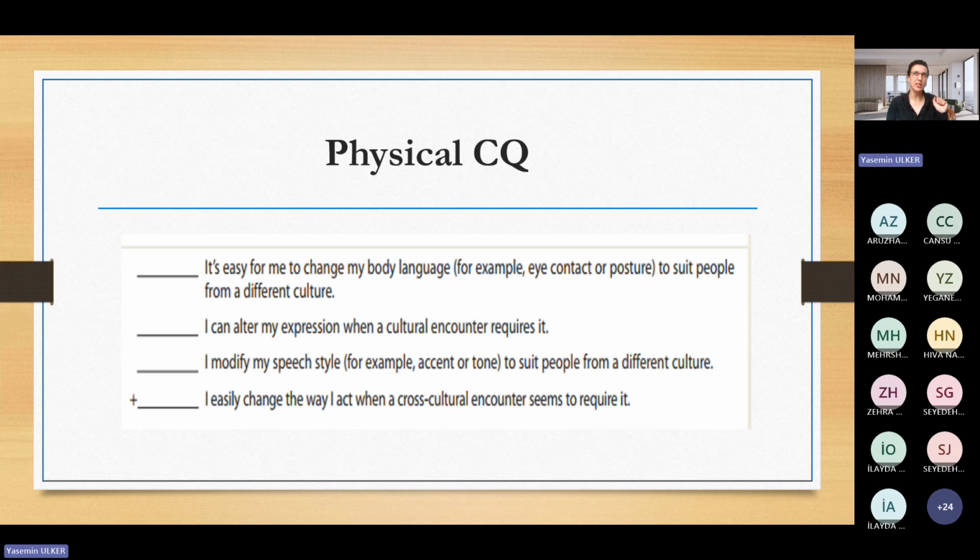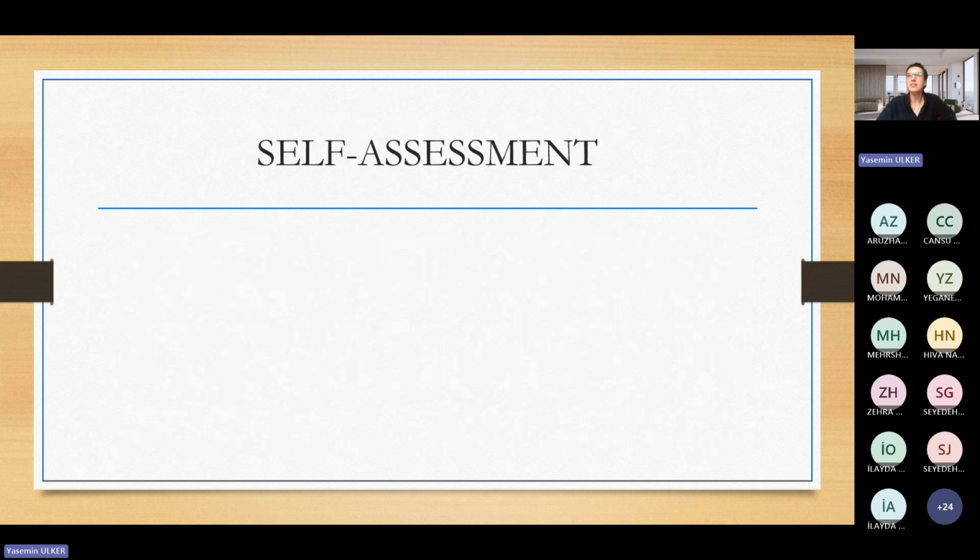Another one I was thinking to ask, question: do you remember this question from last week? Why do you think cultural CQ, including body language of course, really matters for doing business, for our working life, for our professional life, regardless of what job you're going to do?